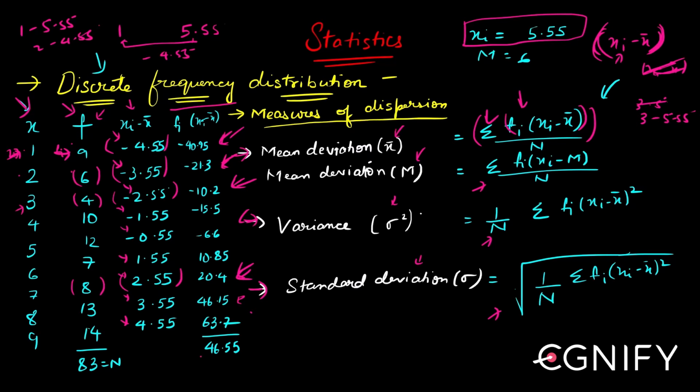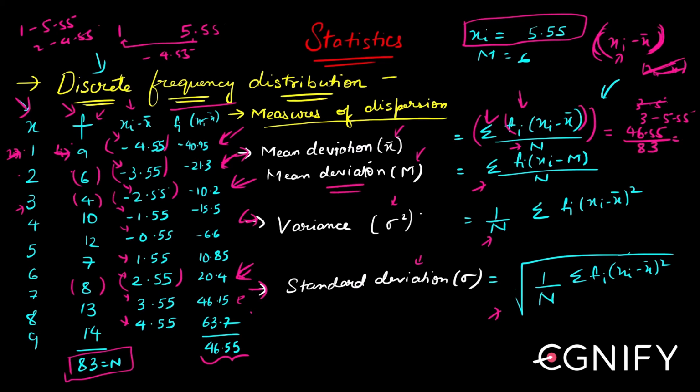Finally, what you get is 46.55. This 46.55 you divide by capital N. What is capital N? The total frequency, the sum of all frequencies. So the mean deviation for this data is 46.55 divided by 83. Now whatever that is, you can calculate.